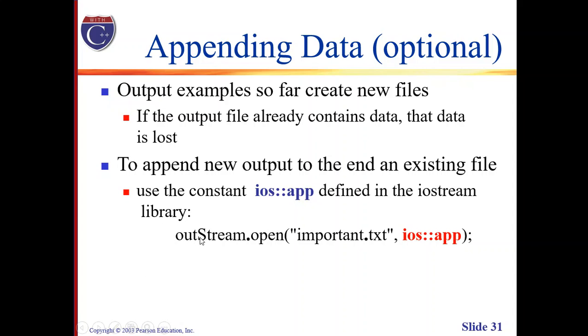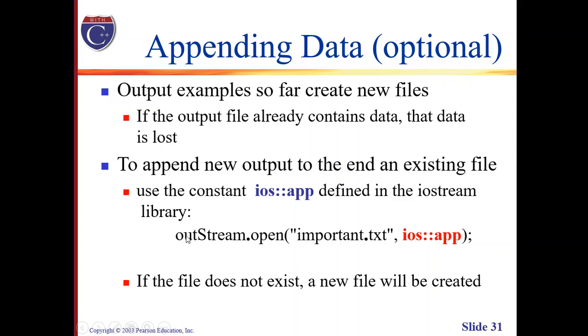As you can see here, we called the open function of our output stream, and this time we provided two arguments. Previously we only provided one argument, which is simply the file name.